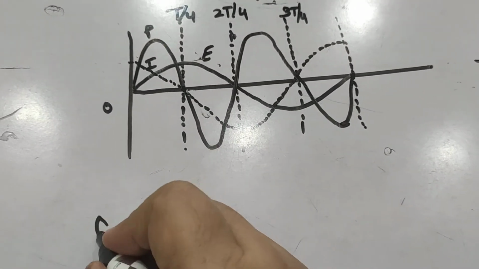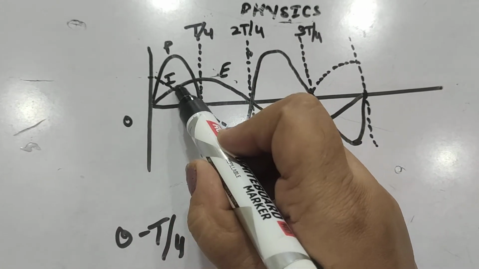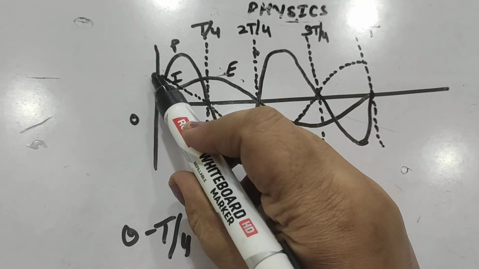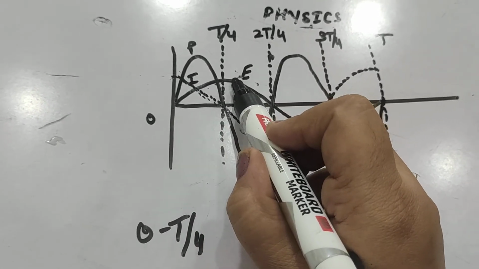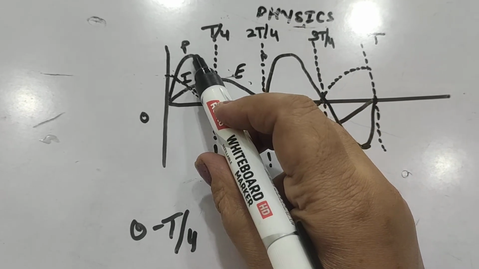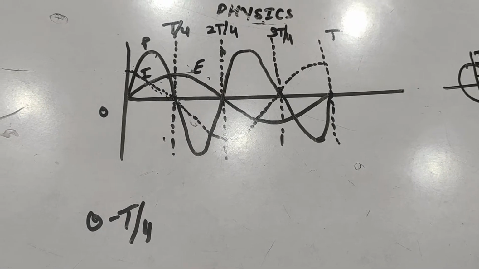Now from the time 0 to T by 4, you can see that current is increasing. This current is positive and EMF is also positive. So in that case the product power is positive and we can say that the capacitor is being charged.